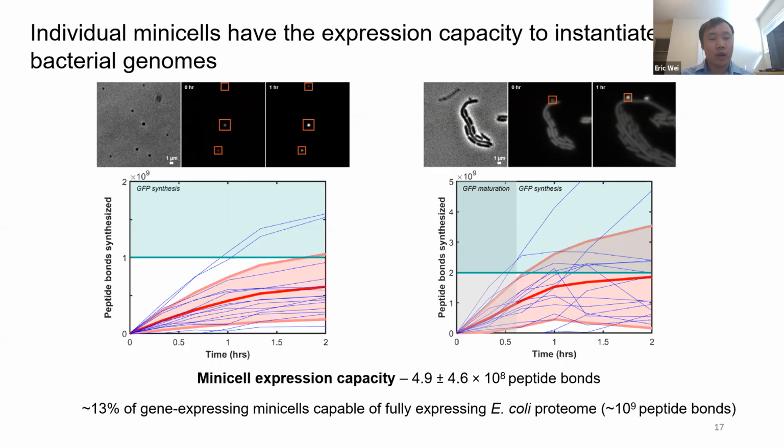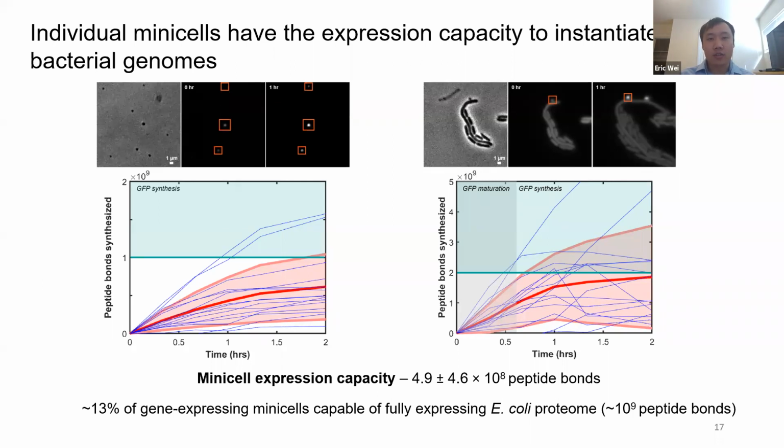So we were able to use the standard curve in order to translate the GFP produced to peptide bond synthesis in order to measure expression capacity in minicells.